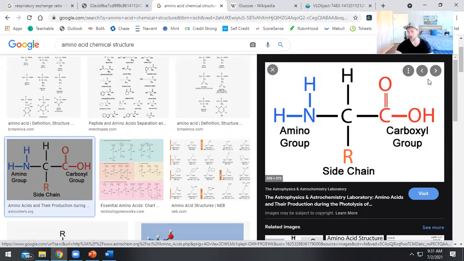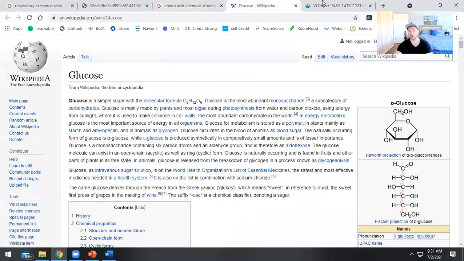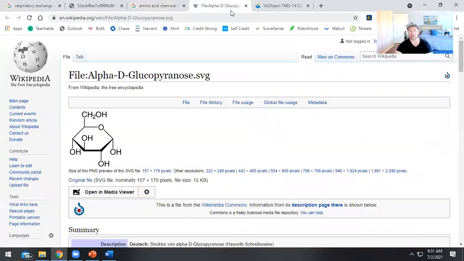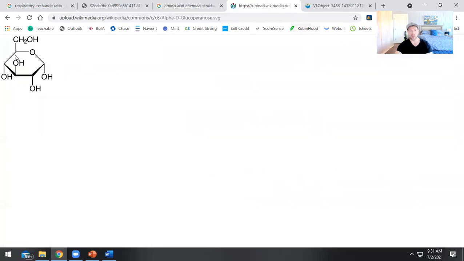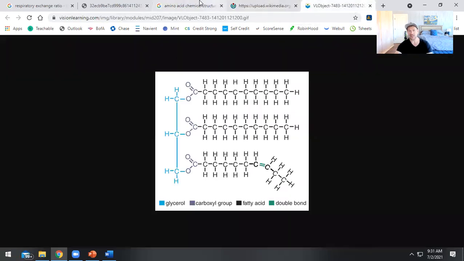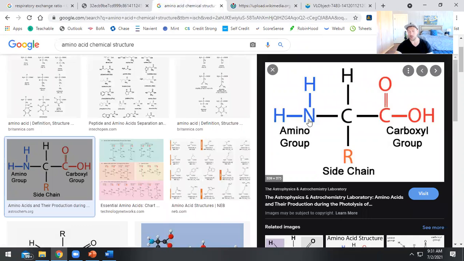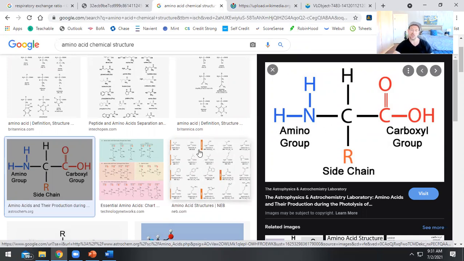But again, what I'm trying to show you right now is just that we see hydrogen, we see carbon, we see oxygen. Those are the same ingredients that we saw in glucose, and the same ingredients that we saw in fats here. But then we've got this little bit of nitrogen. So if your body wants to use protein as energy, it can take this amino acid and strip the nitrogen away.